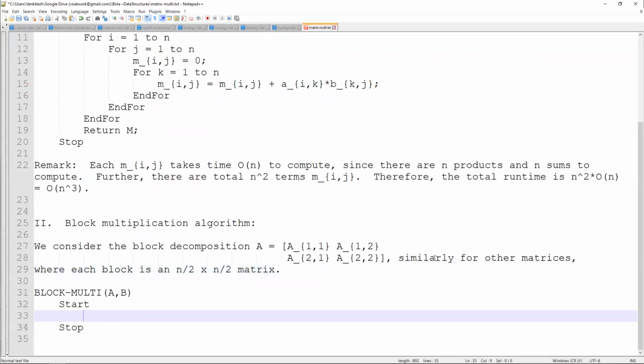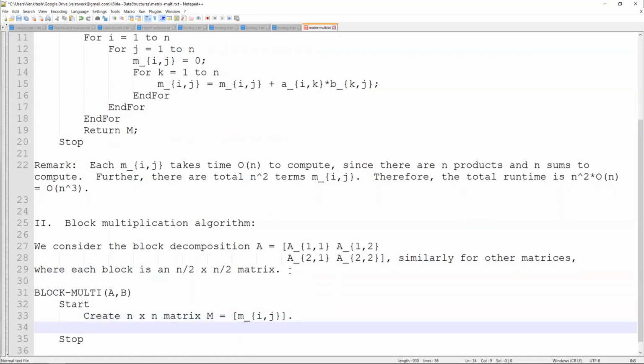Therefore, what do we get? So how do we compute this? Now it's much simpler, right? So we obviously create the n by n matrix M equal to Mij. That is done. This is the first step.